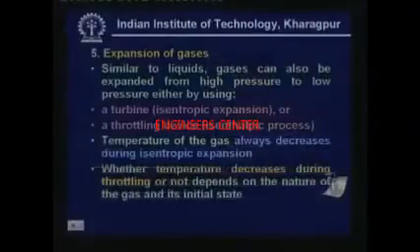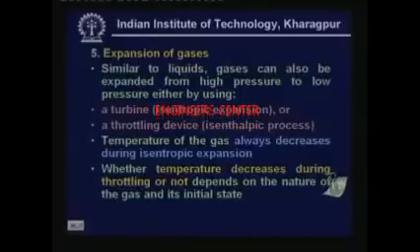Temperature of the gas always decreases during isentropic expansion. That means just like liquids, when I am expanding a gas using a turbine, its temperature always reduces. So in this aspect it is similar to a liquid. But when it comes to throttling, whether temperature decreases during throttling or not depends on the nature of the gas and its initial state. Whenever you are throttling a liquid, we know for sure that the temperature of the liquid reduces.